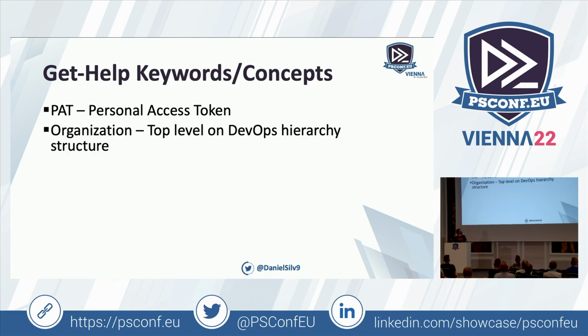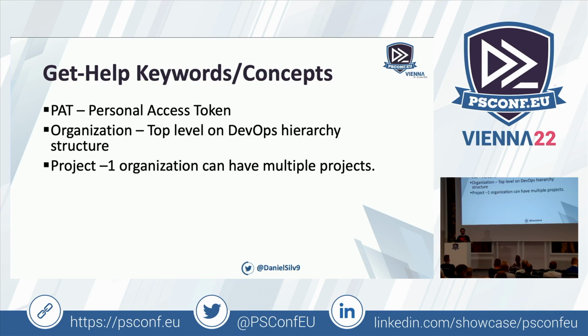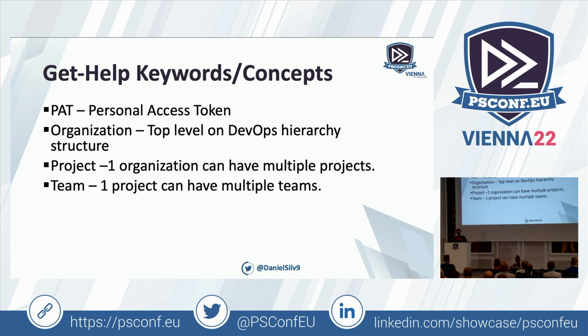Again, a quick introduction. On Azure DevOps, we have the concept of an organization, which is the top-level hierarchy. Each organization can have multiple projects, and for each project we can have one or multiple teams.